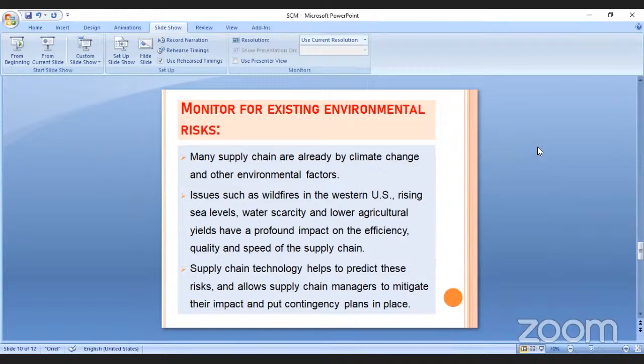Supply chain technology helps to predict these risks and allows supply chain managers to mitigate their impact and put contingency plans in place.